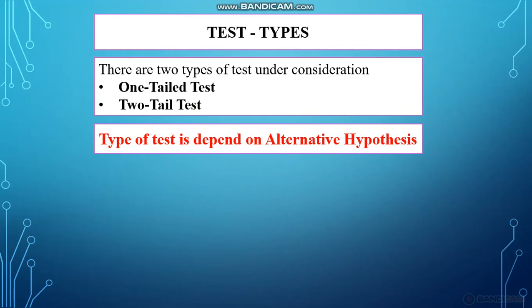Next, the test types. There are two types of test: the one tail test and the two tail test. These depend on the alternate hypothesis.